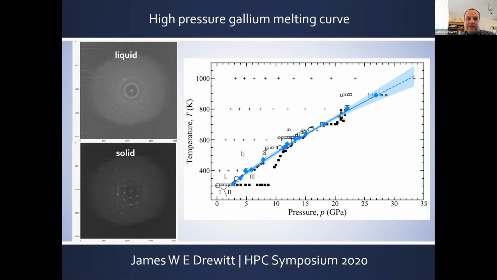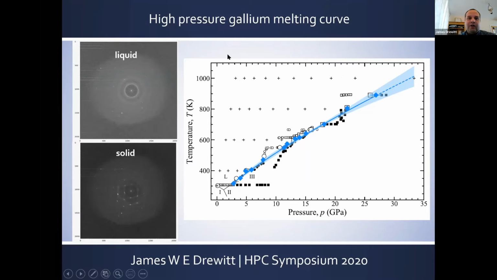And then we made long 20-minute diffraction measurements every 2 to 3 gigapascals or so in the liquid field just above the melting curve. Then the pressure temperature conditions of the ab initio simulations, which I ran, are represented by these crosses, which I made up to 33 GPa and 1000 Kelvin.